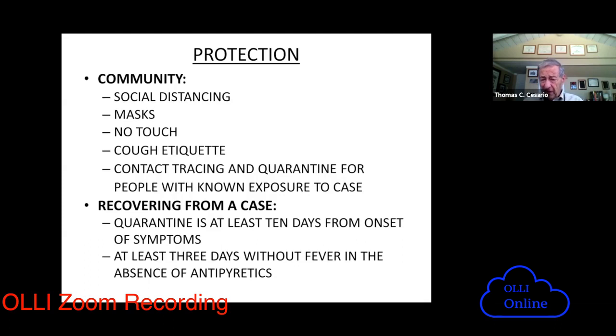So the obvious thing is you stay far enough away from anybody else who is infected or who might be infected that those particles are not going to be inhaled by you. That's social distancing. Also, even if you're far enough or if you're not far enough, what can you do to block those particles from getting in your respiratory tract? And you can wear a mask.